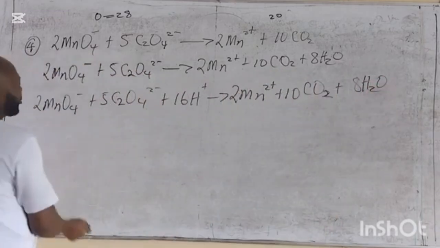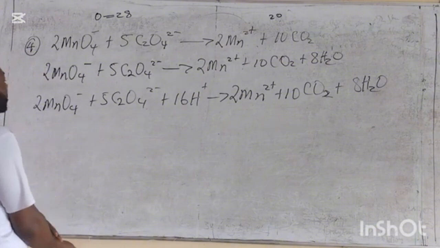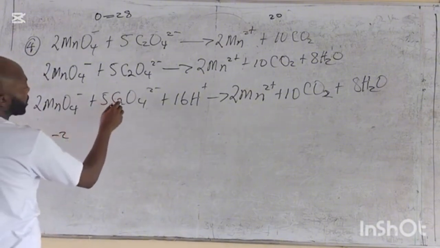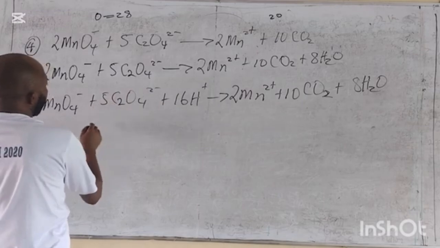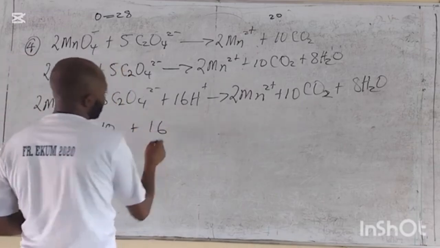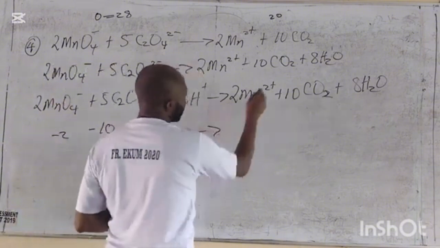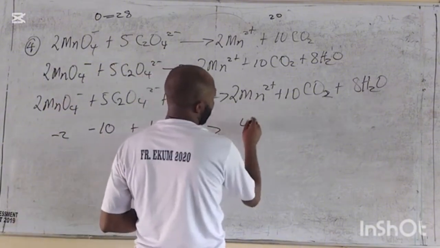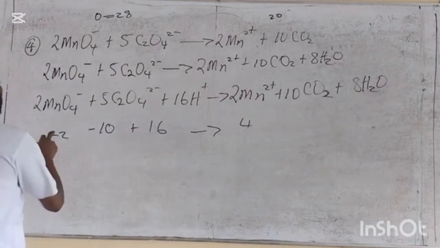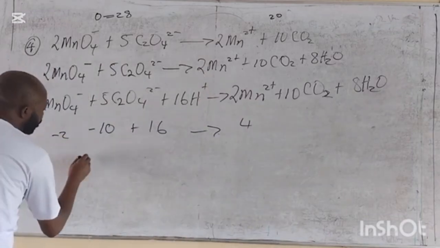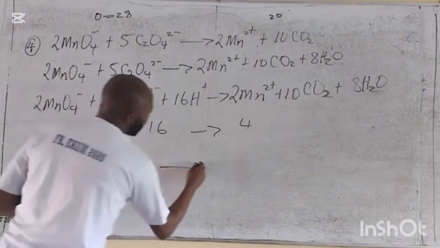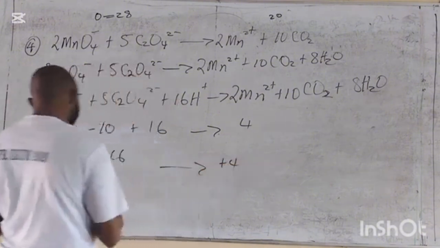Okay, let's check the balancing of the charges. 2 times minus 1 is minus 2. 5 times this is minus 10, plus 16. Minus 2 minus 10 is minus 12 plus 16 is 4. And this is plus 4. So it's balanced.